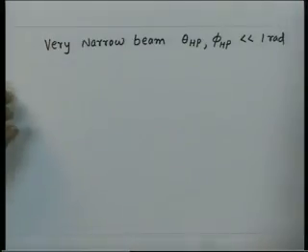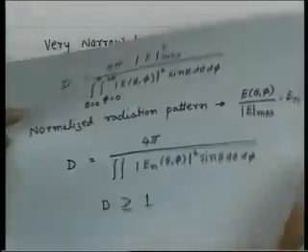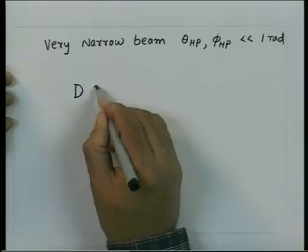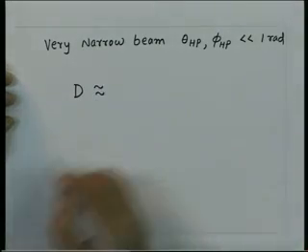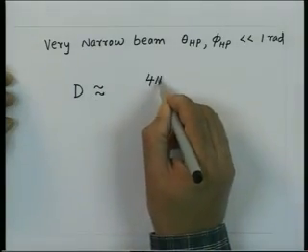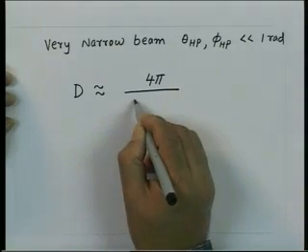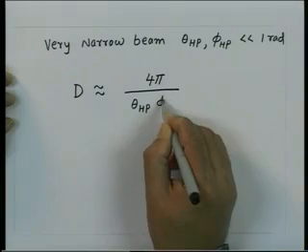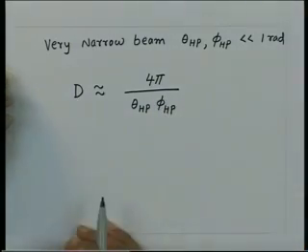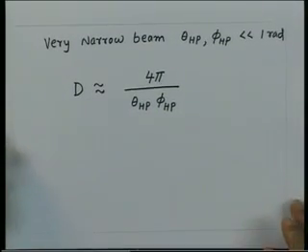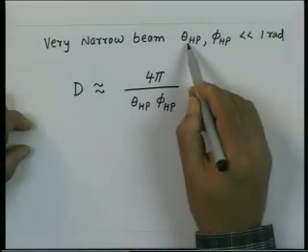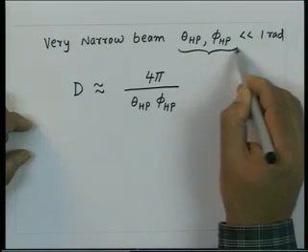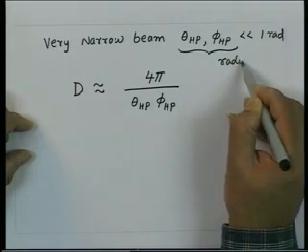So, I can substitute now into this. So, directivity approximately for a highly directional antenna is 4 pi divided by theta half power, phi half power, where these theta half power and phi half power are measured in radians.